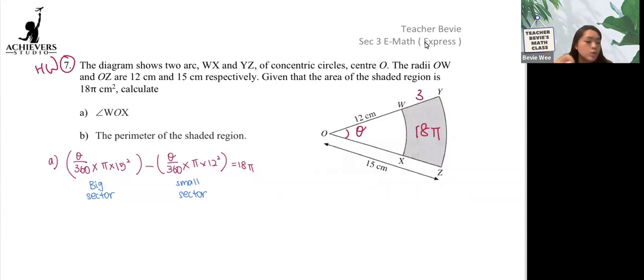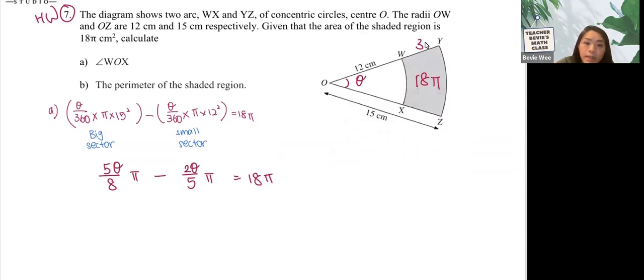Okay, so these are two separate terms. I'm going to simplify it a bit first. 15 square divided by 360, I will get 5 over 8 theta pi, minus 2 over 5 theta pi, equals 18 pi. And from here, do you know how I get the 5 over 8?